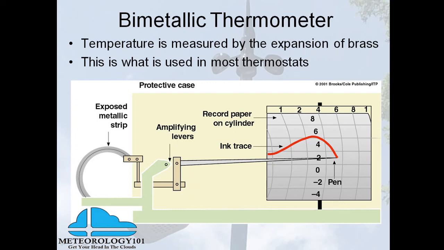The same thing was used in that thermostat. When that expanded, it would move that coil to a point where it made contact and connected two wires together and actually turned your air conditioning on. Same thing with the heat. It would contract and then drop down and turn the heat on.